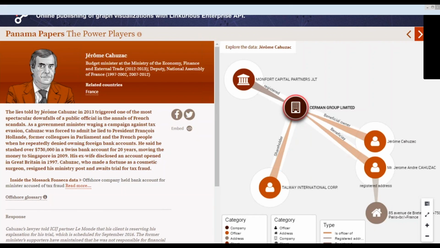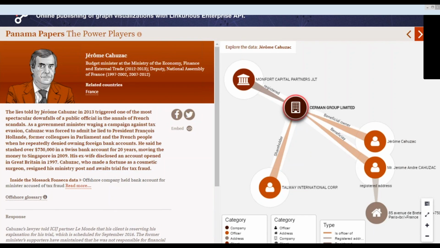Today, you can also see the Panama Papers data online on the ICIJ website, which is powered by the Linkurious Enterprise API. Using this website, you can search for different persons, like Jérôme Cahuzac here, who is a former Minister of Finance in France, and who has a few bank accounts of his own, which were set up with the help of Mossack Fonseca.